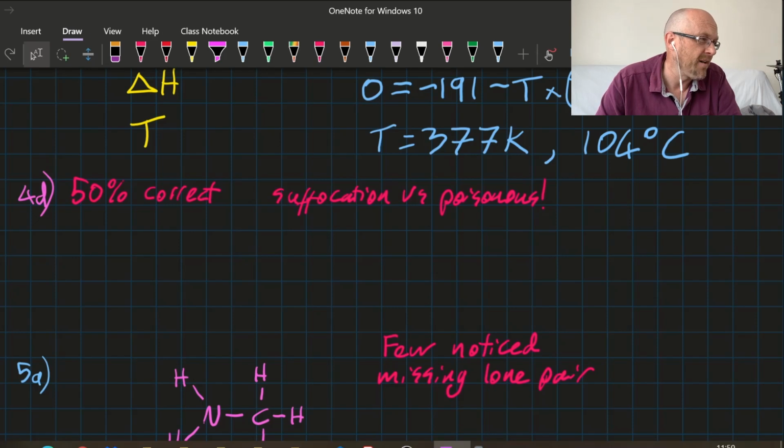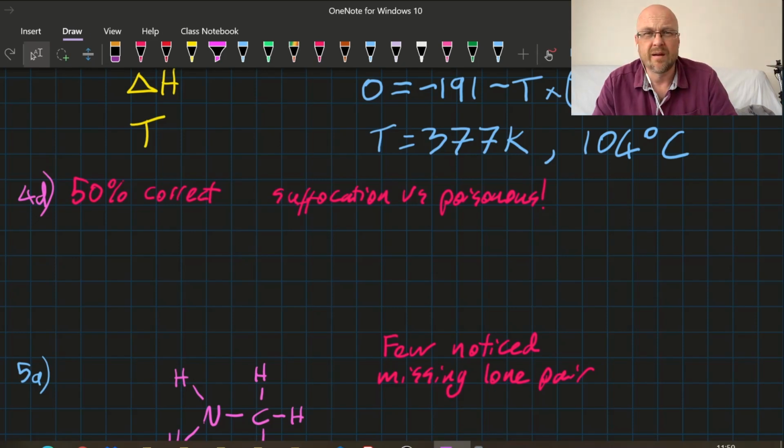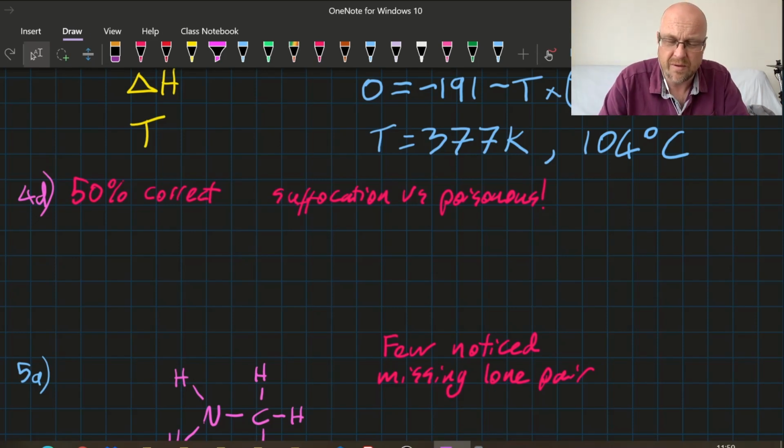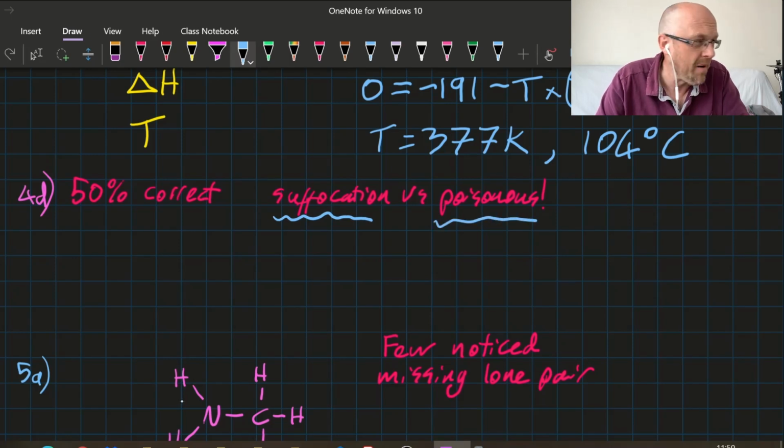They say it could catch fire. That's true. Well, actually explained: stops you breathing properly, stops the blood working. And they say that you should be aware of the difference between suffocation and poisonous. Am I even aware of that?